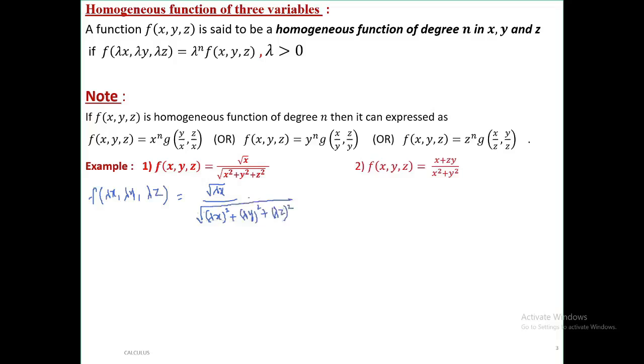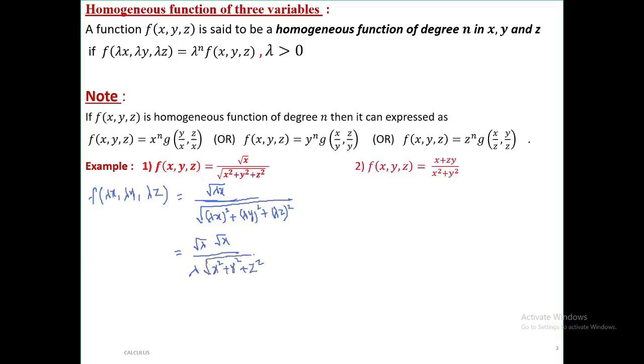Then from the numerator root lambda is out and root x is as it is, and in the denominator, lambda square you take inside, so lambda comes out, and inside x square plus y square plus z square.